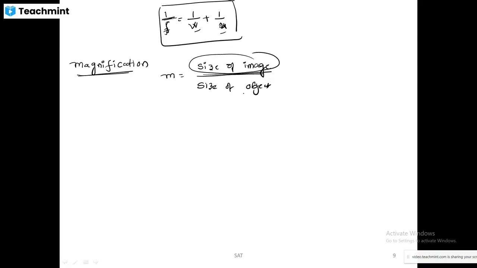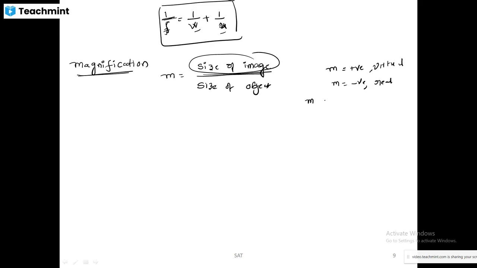For example, if magnification is plus 1, it is positive. Positive means the image is always a virtual image. If magnification is negative, the image is always a real and inverted image.